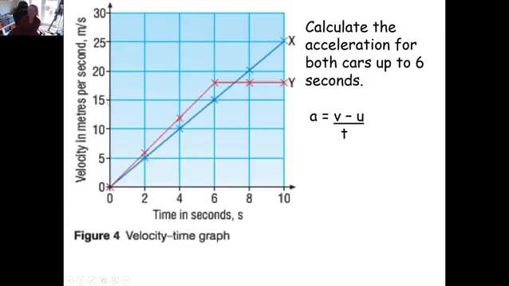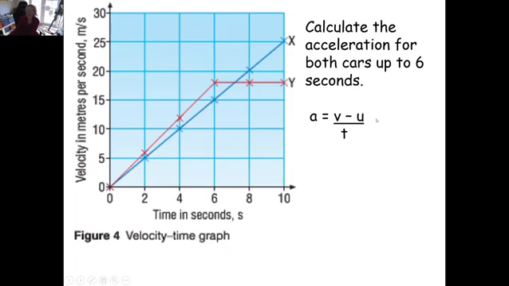So if we look at this example here, we've got two objects, X and Y, two cars, and we're looking at the velocity time graph for each of those. Now if you're asked to calculate the acceleration for both cars up to 6 seconds, so 6 seconds is here, where we've got a constant acceleration for both of them.